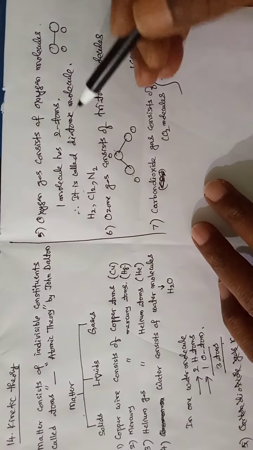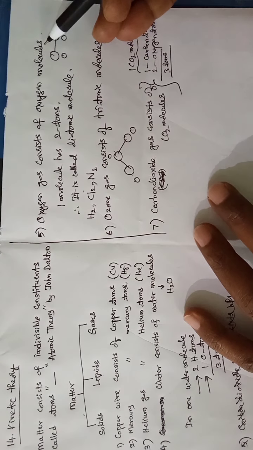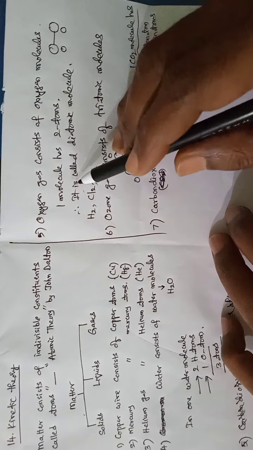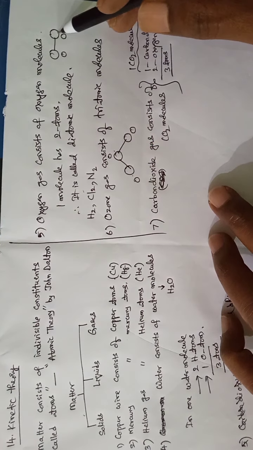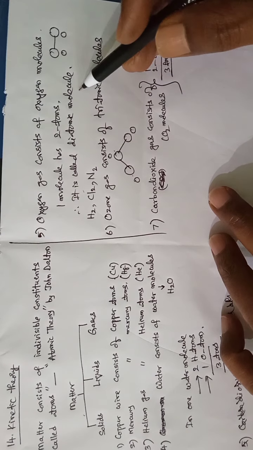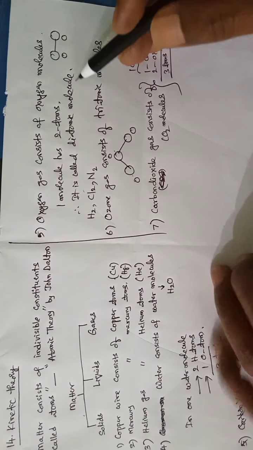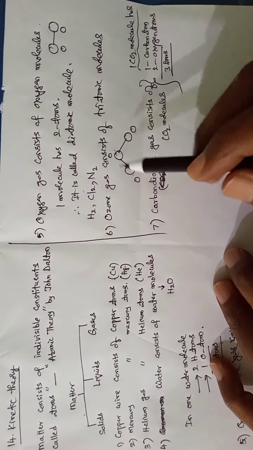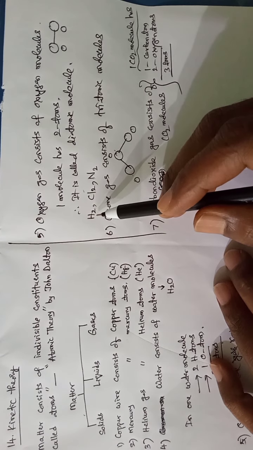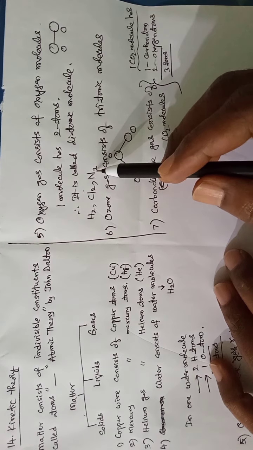Oxygen gas consists of oxygen molecules, and each oxygen molecule has two atoms. That's why it is called a diatomic molecule. And there are other diatomic molecules: hydrogen, chlorine, nitrogen.